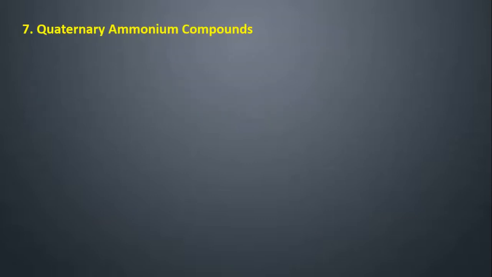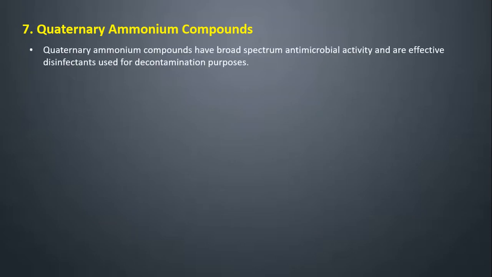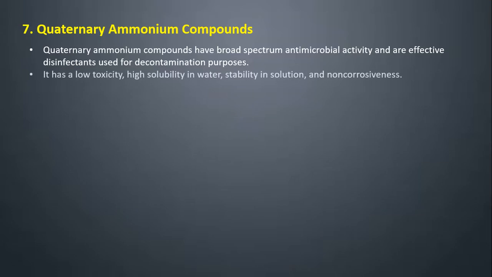Quaternary ammonium compounds. Quaternary ammonium compounds have broad-spectrum antimicrobial activity and are effective disinfectants used for decontamination purposes. They have low toxicity, high solubility in water, stability in solution, and non-corrosiveness.